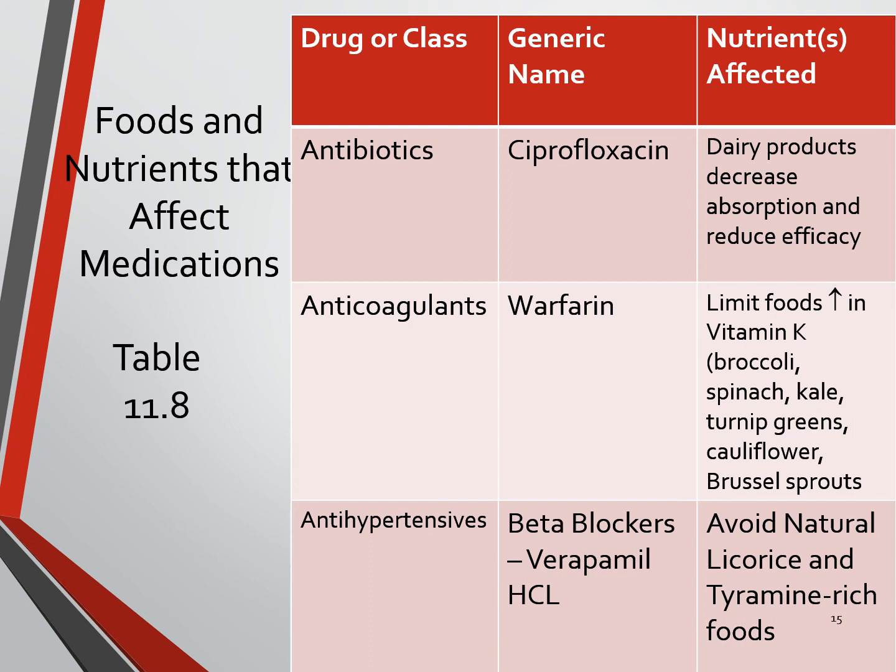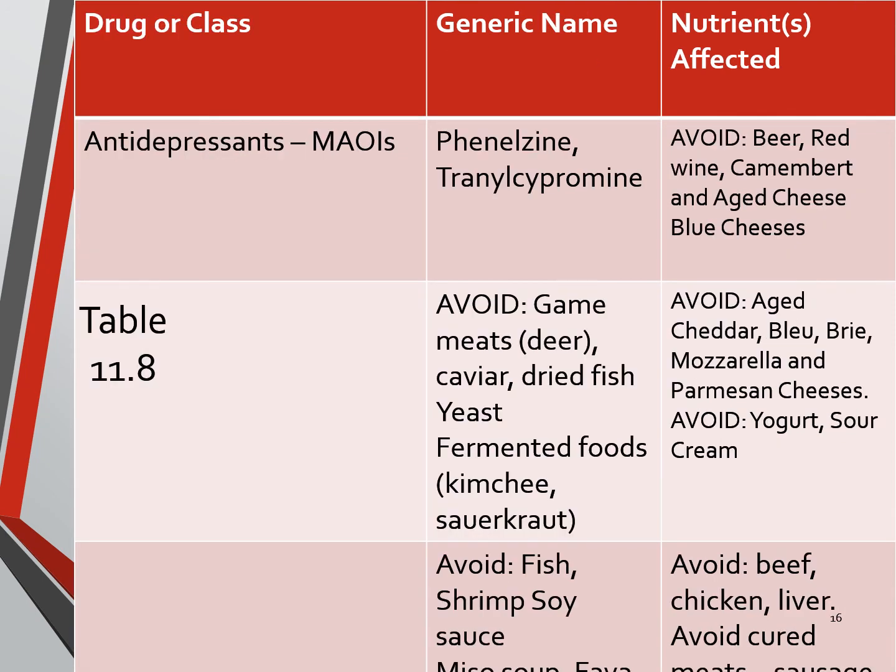Next are the antihypertensives. So those would be your beta blockers, verapamil. It's important to avoid any type of licorice, so natural licorice, and tyramine rich foods. Antidepressants, so these are your MAOIs, the monoamine oxidase inhibitors.